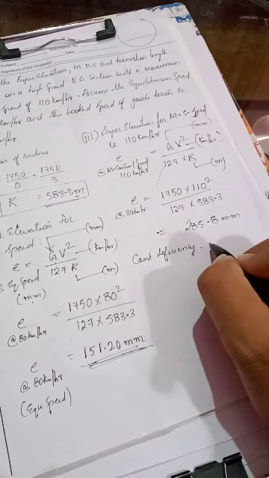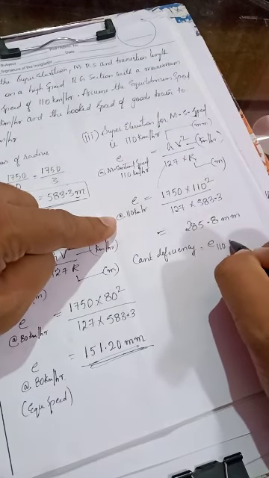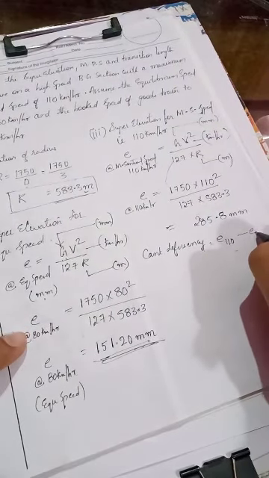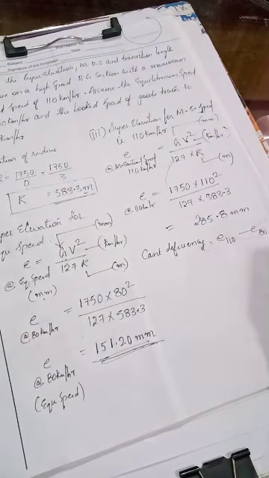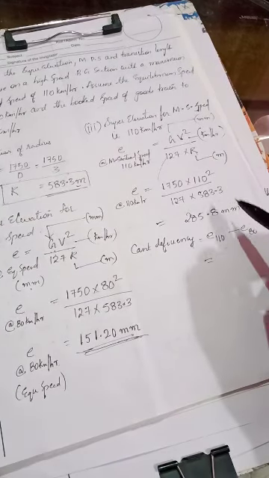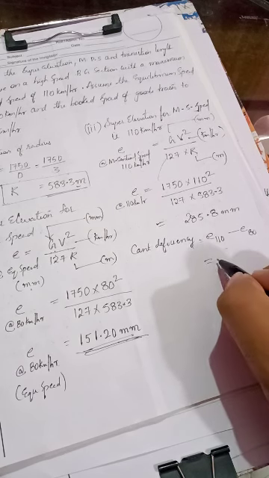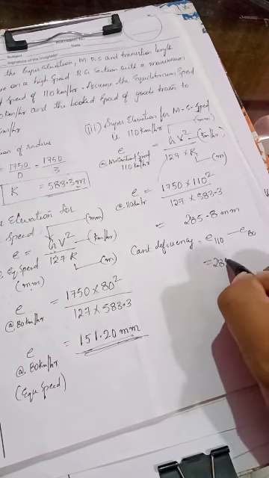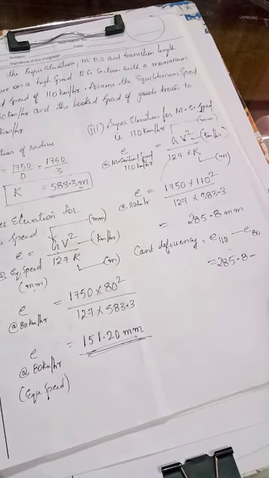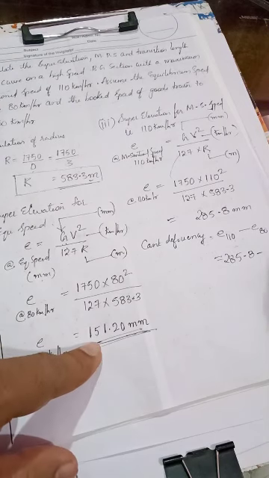So Kant deficiency is super elevation for 110 km per hour minus super elevation at the equilibrium speed, 80 km per hour. So the super elevation for 110 km per hour is 285.8, minus the super elevation for 80 km per hour, which is 151.2.